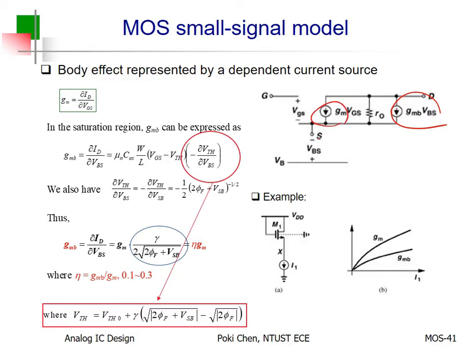It is controlled by gate. Okay, and then the other one, gmb. B means body. You can see the directions are exactly the same. The higher the gate or body voltage, the more ID, the more current at the source, at the drain or source, as you like. Okay, that's it.